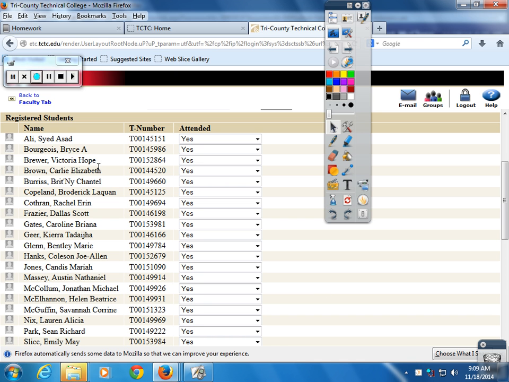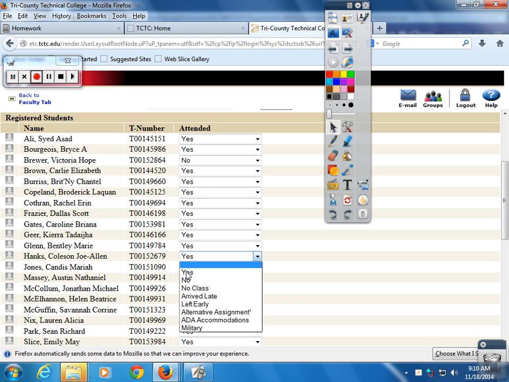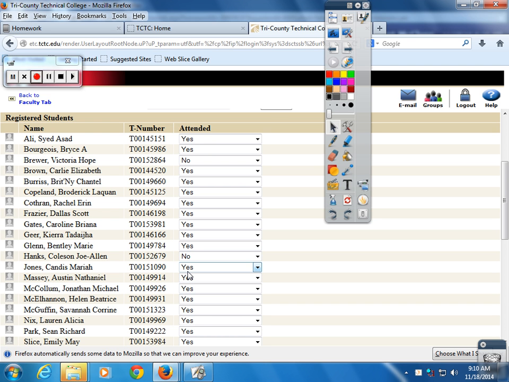Okay, Mr. Ali is here, Mr. Bourgeois is here, Miss Brewer. Miss Brown. Here. Burris. Copeland. Cothran. Frazier's here. Yates. Gear is here. Glenn is here. Hanks not here. Jones not here.